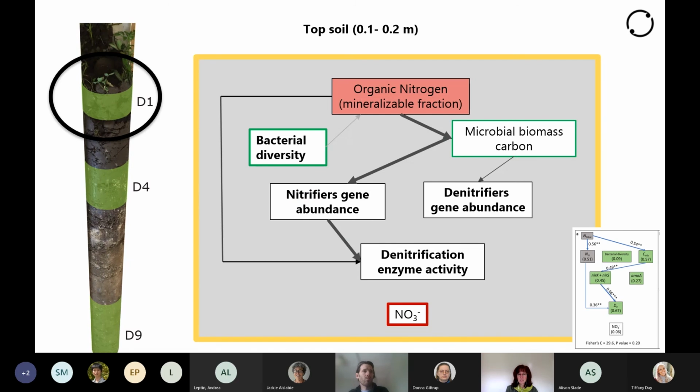Yeah. So what Jonathan did is he measured microbial biomass carbon, which is a proxy for how much carbon is locked up in the microbes, and can also be interpreted as a proxy for the abundance of the microbial community. He also measured the abundance using qPCR of key genes that are involved in the nitrogen cycle, so genes that are involved in the denitrification process and the nitrification process.